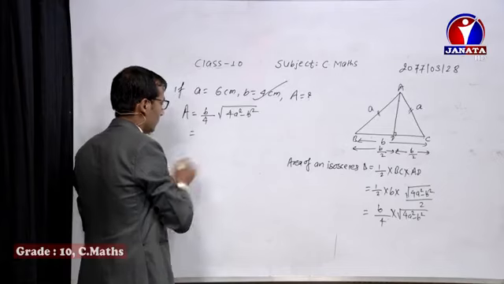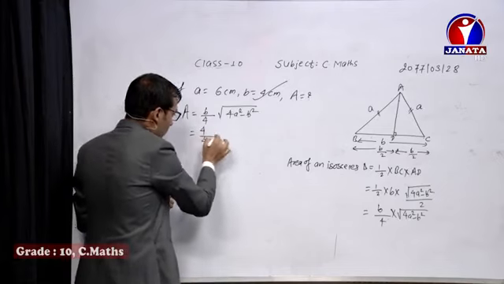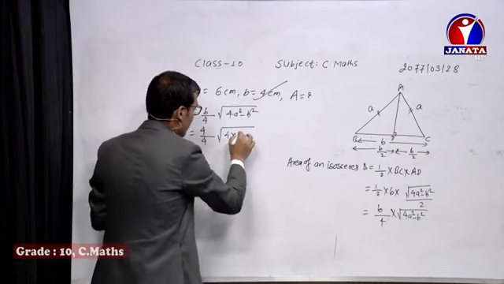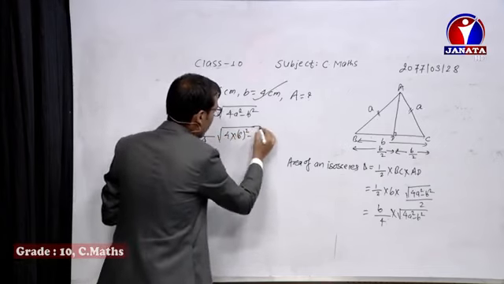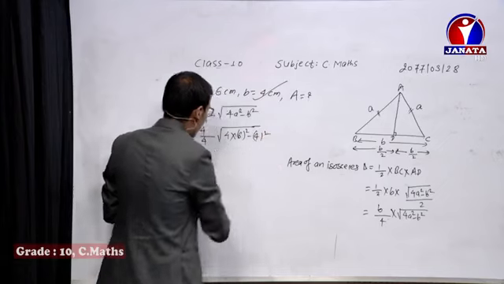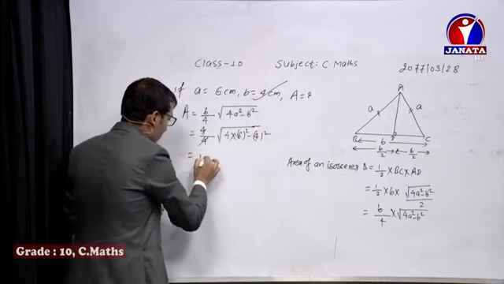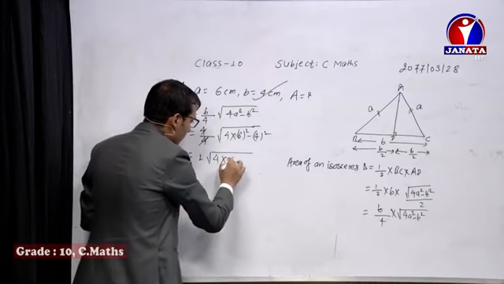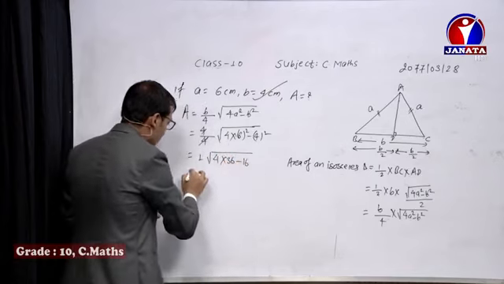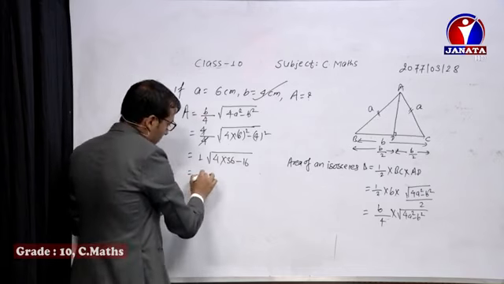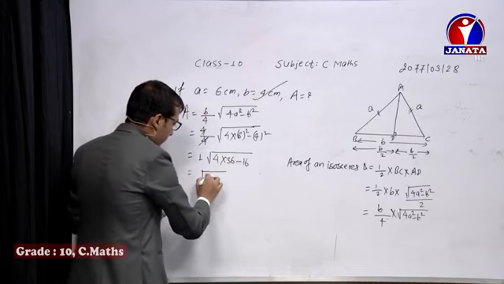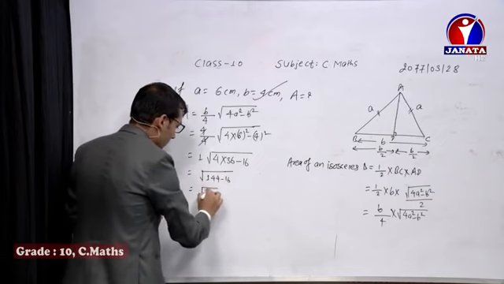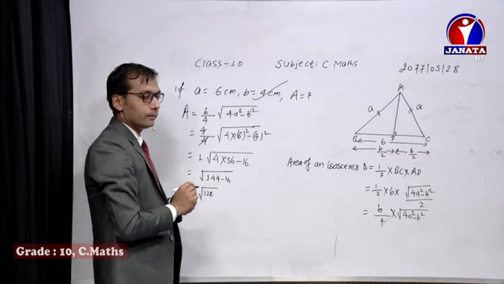It's 4 over 4 times square root of 4 times a squared, which is 6 square, minus b square, which is 4 square. So it's 1 times square root of 4 times 36 minus 16, which gives square root of 144 minus 16. This is square root of 128.